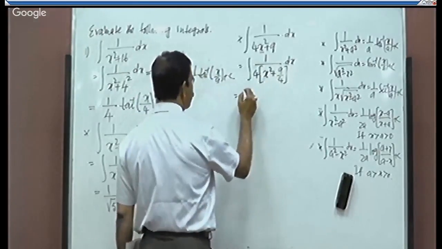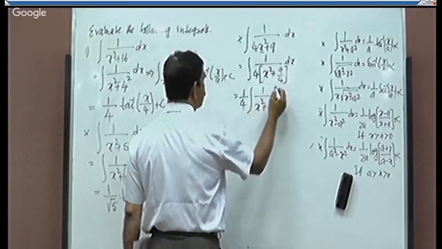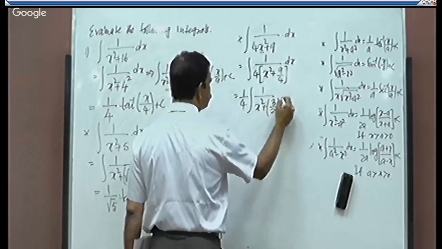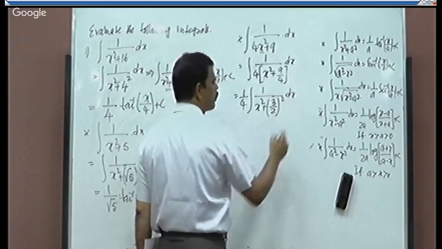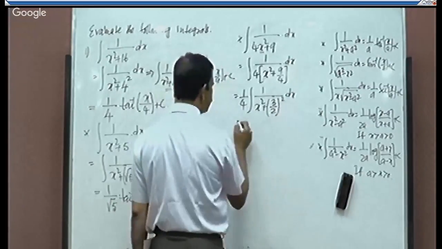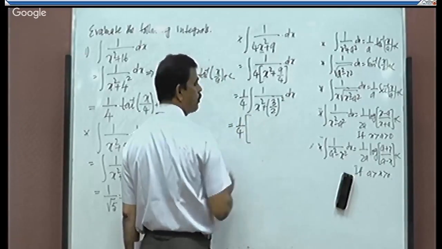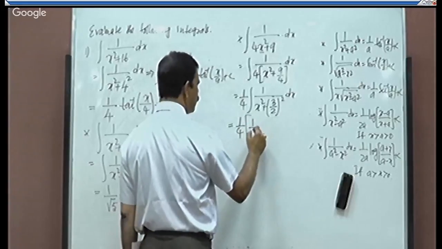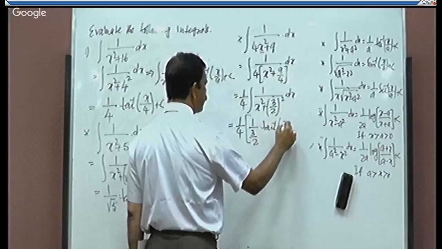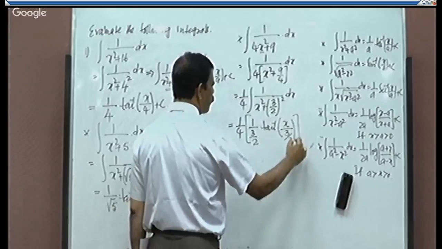You take that 4 outside, 1 by 4 into integration of 1 divided by x square plus, can I write 9 by 4 as 3 by 2 whole square? 3 square is 9, 2 square is 4. Now it is of standard form, correct? Write the answer, 1 by 4 into, what is a? 1 by a is 3 by 2 into tan inverse of x divided by a. What is a? 3 by 2 plus c.